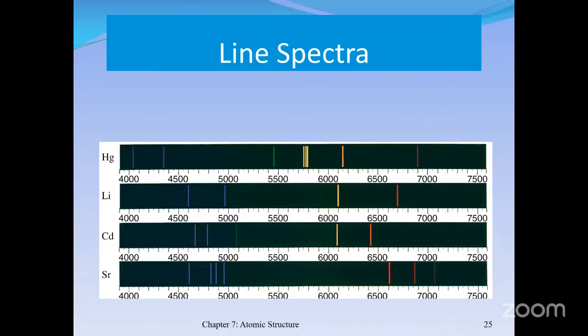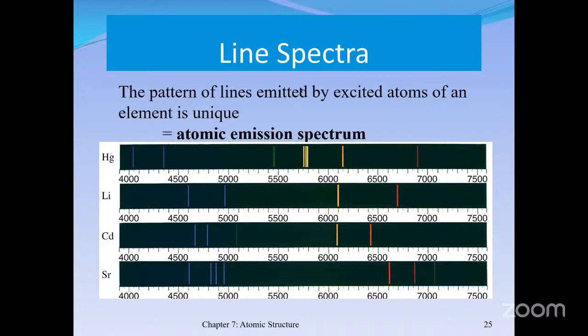And in fact, you might find this interesting. The reason why astronomers know that there are certain elements that exist, for example, in stars like the sun, is that they have instruments where they can determine the line spectra. And because each element has its own unique line spectra, they can tell, for example, that iron exists in the sun as a gas, all right?